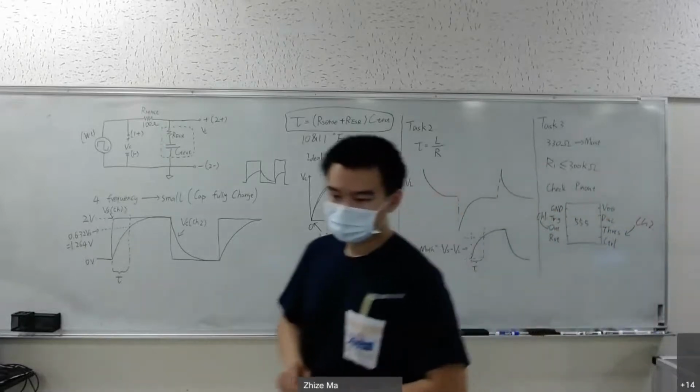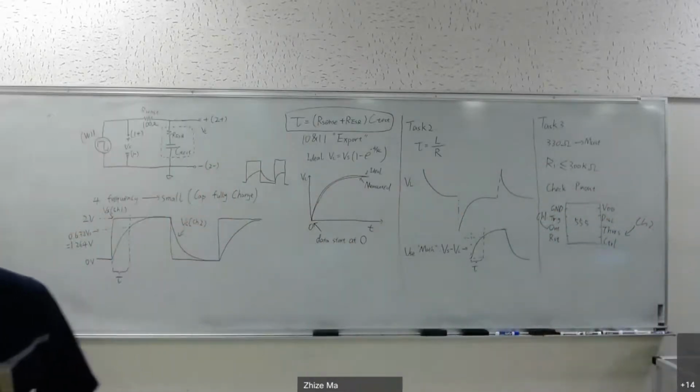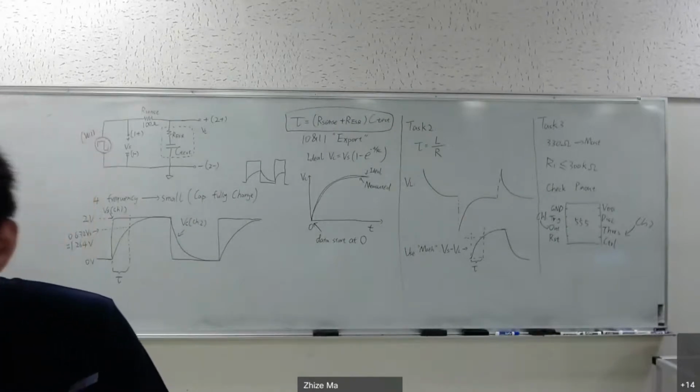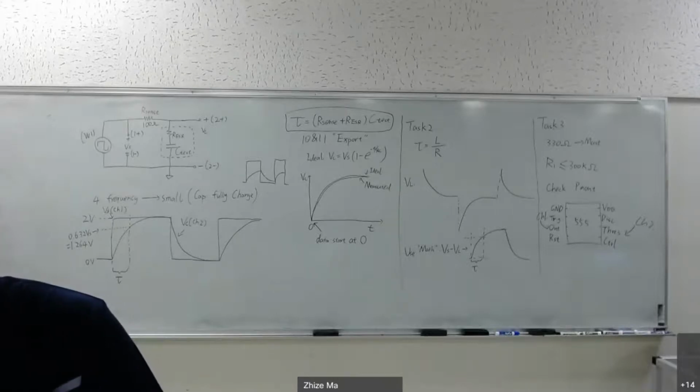And remember, the pinout for the 555 timer is different from the schematic in the task, so you need to search the pinout. You can just Google the pinout for the 555 timer. All right, I think that's it for task 3.